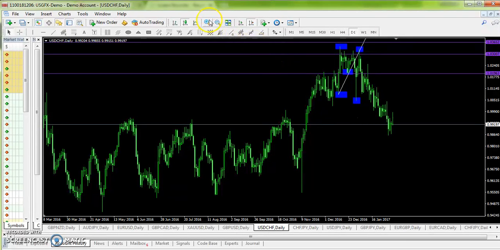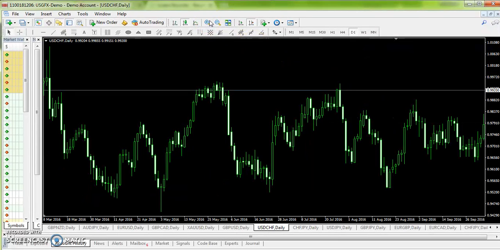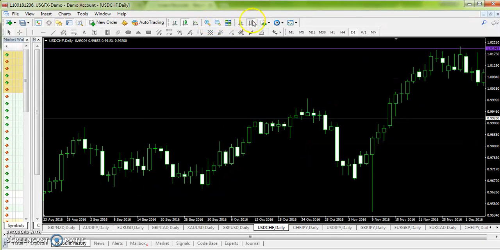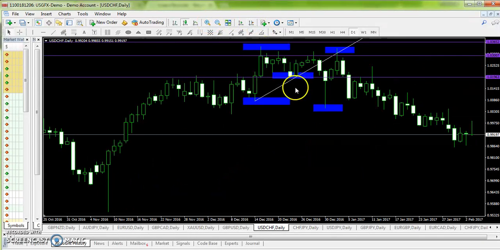So I just zoom in further in order to clarify things. Okay. After posting this low, the market has this high, right? Lower high, lower low, lower high, lower low, lower high, lower low, all together.